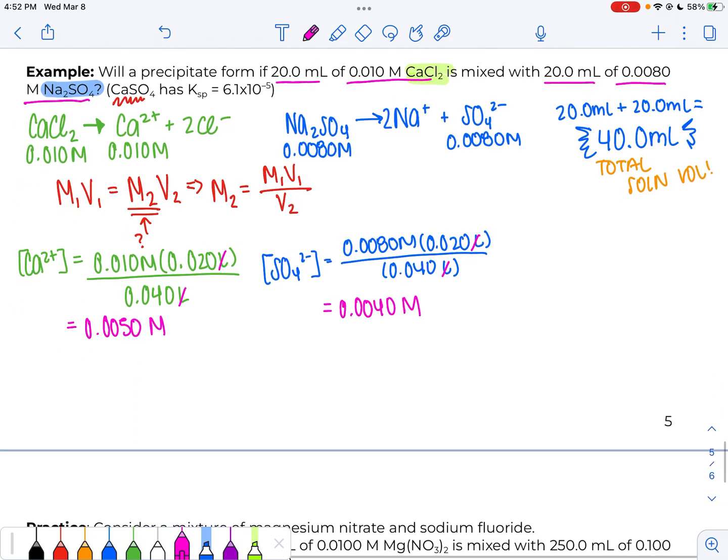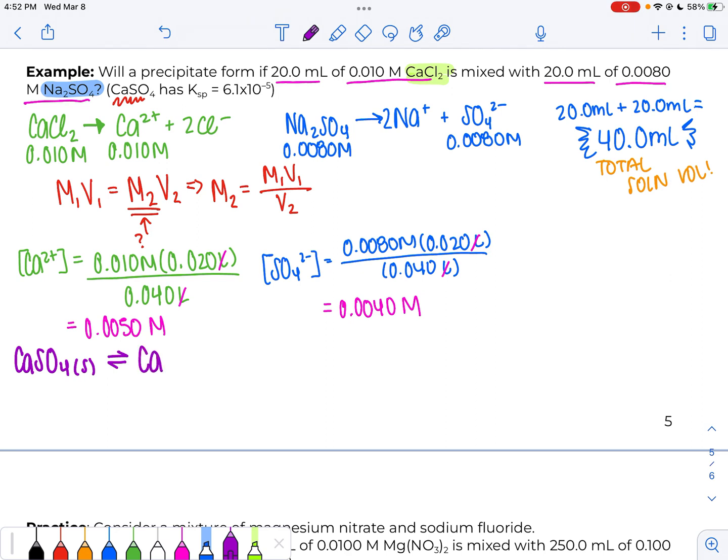So this gets our new concentration of our ions in solution, which is great for us, because now what we're going to do is figure out our Q value. These two ions are going to come together to form calcium sulfate. When in solution, remember, if this is our insoluble salt, some of it is going to dissolve a little bit.